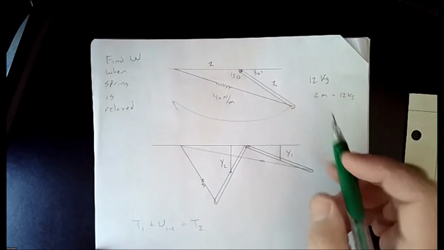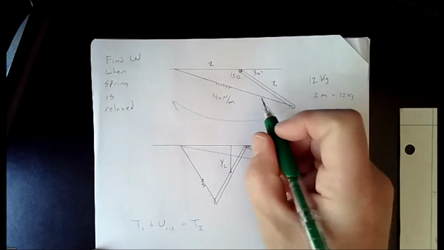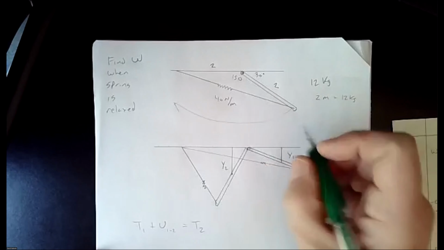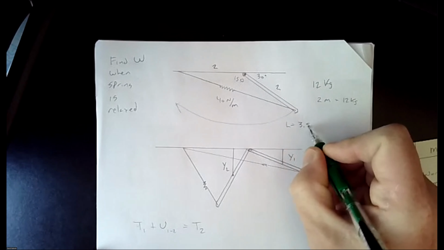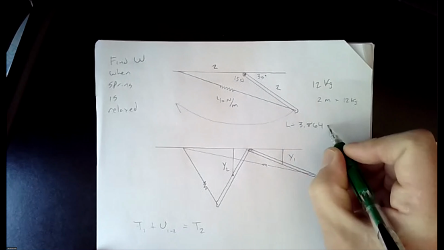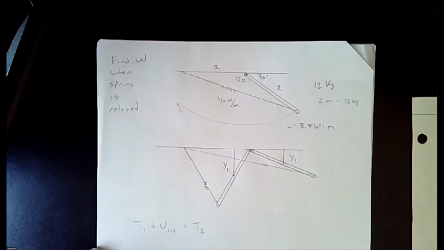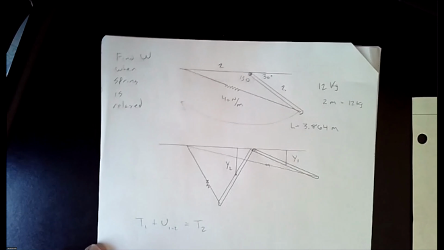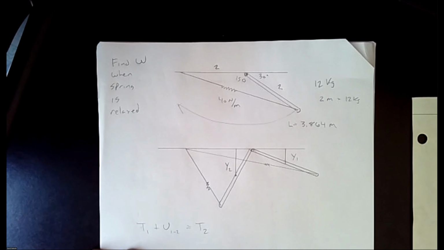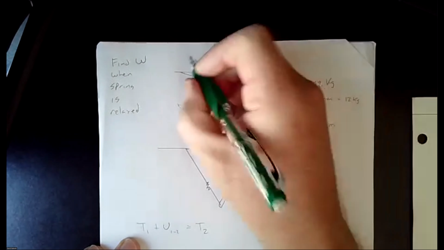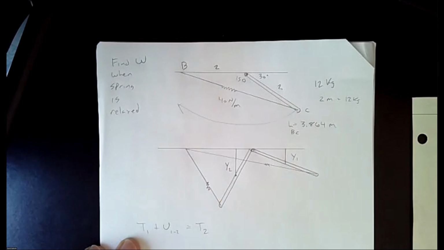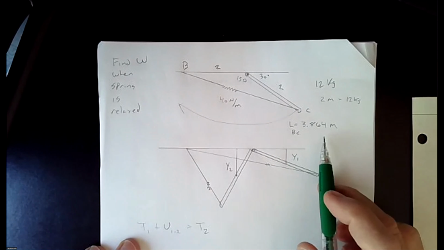If we do that, this length, which we'll call BC, equals 3.864 meters.